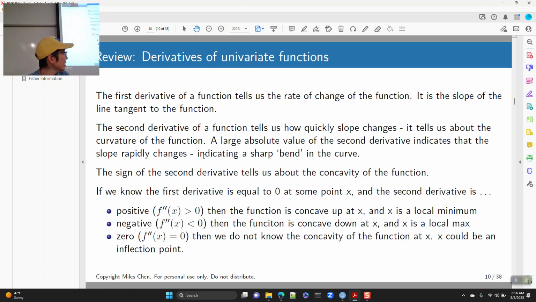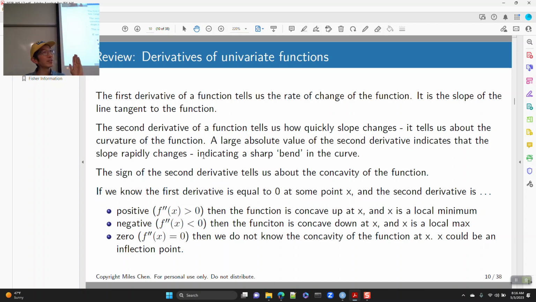And then the sign of the second derivative, whether it's positive, negative or zero, tells us about the concavity. You've got concave up and concave down. A positive second derivative means the concavity is up, meaning you go from negative slope to positive slope, so you get this U shape.